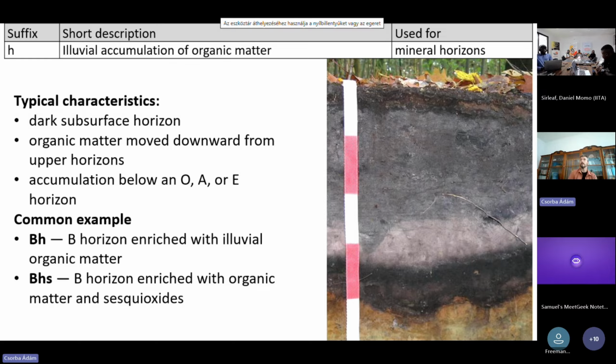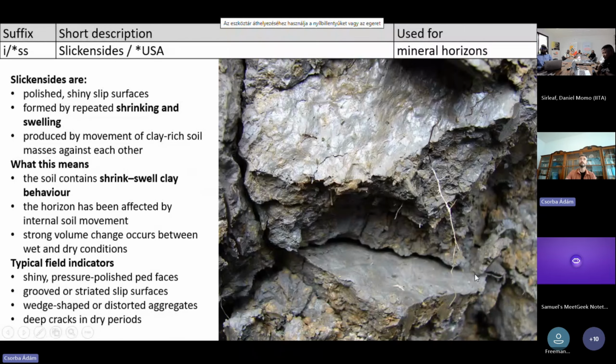But in a very sandy material, in case of extreme acidity, this can happen. And in the so-called podzol soils, this is the typical subsurface accumulation of organic matter that we indicate as the so-called Bh horizons.